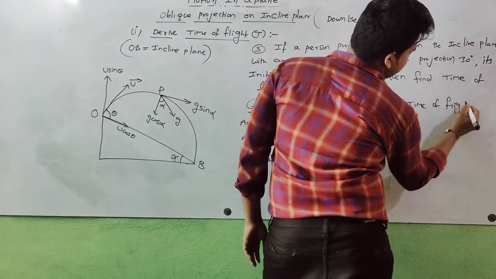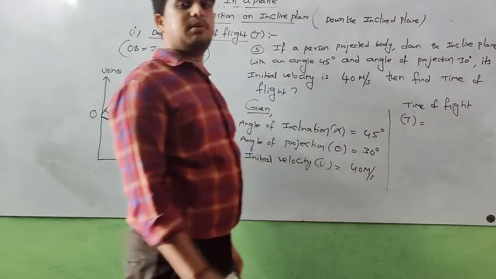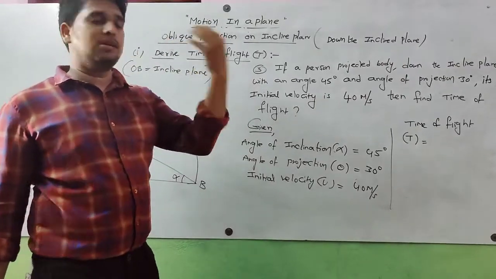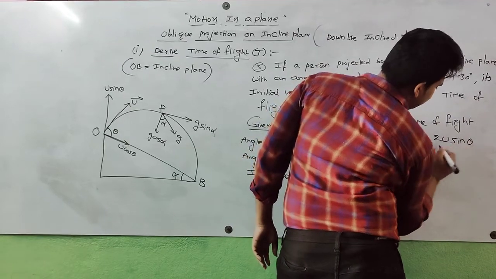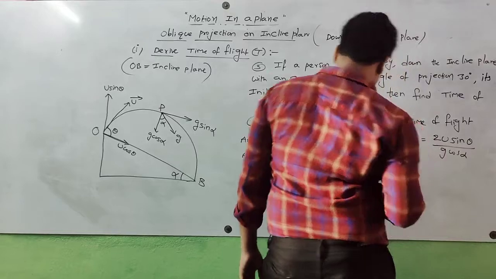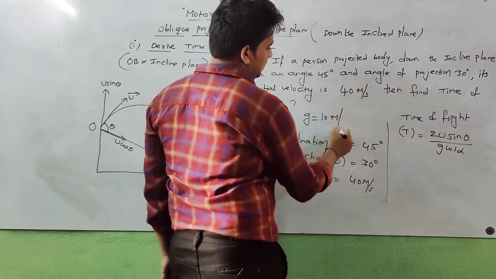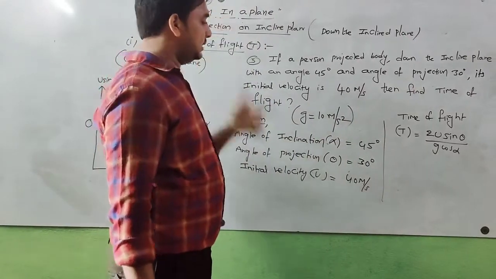What is the formula of time of flight? 2u sin theta by g cos alpha. Here we take g is equal to 10 meter per second square.